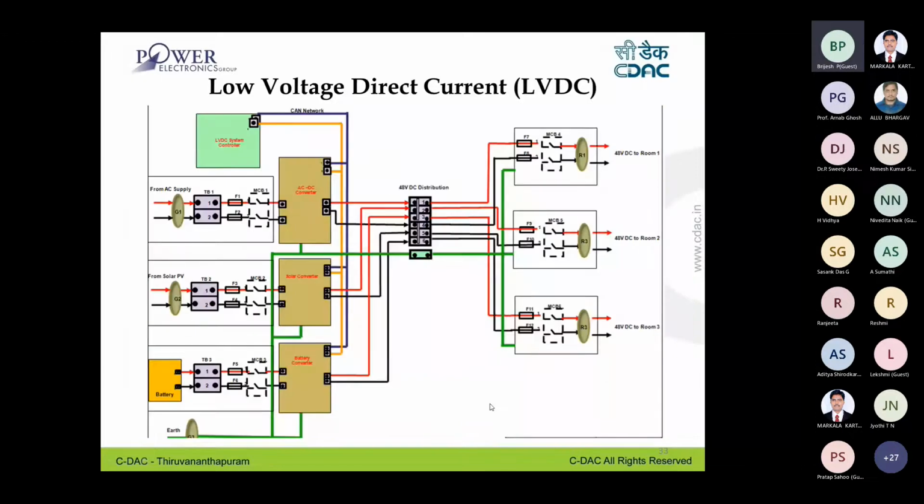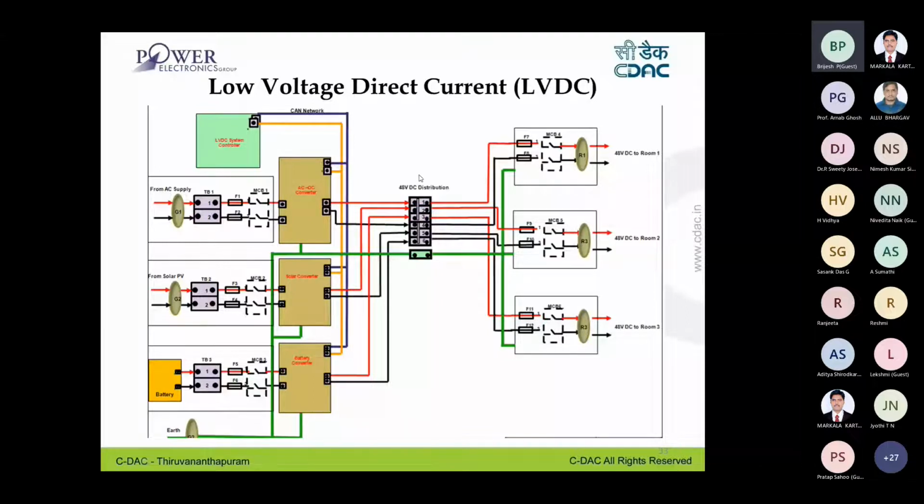This is the basic architecture for the 48-volt DC. It can either work from the solar. An MPPT charger is there, and also battery backup is available here. And also, if both are not available, even if we don't have solar, then we can charge the battery from the AC supply.